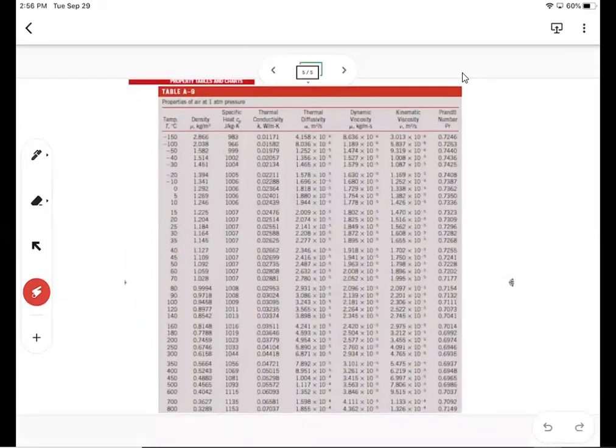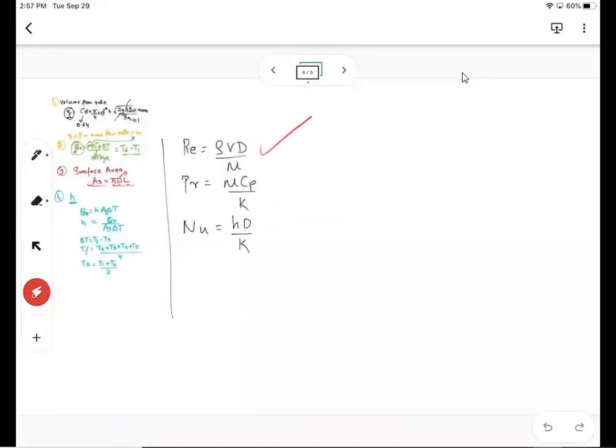You can then find the various property values at 40 degrees: the density, specific heat Cp, thermal conductivity, thermal diffusivity, dynamic viscosity, kinematic viscosity, and Prandtl number. You can get them directly. Then the corresponding values can be used to find out Reynolds number, Prandtl number, and Nusselt number.